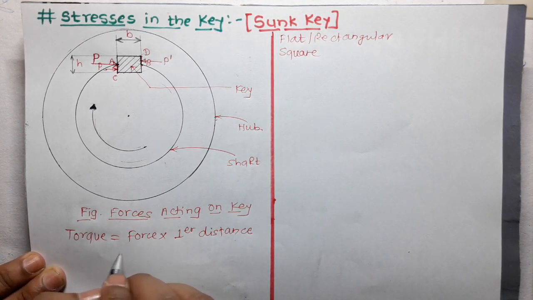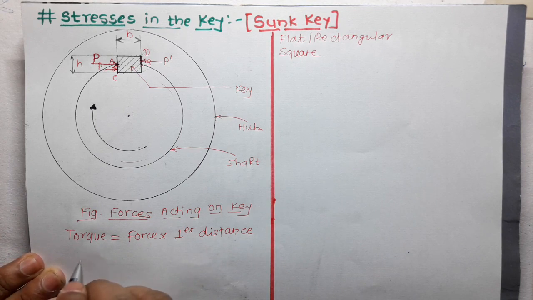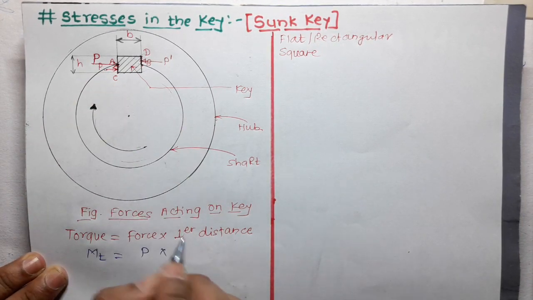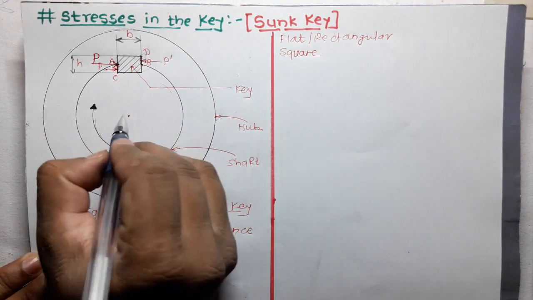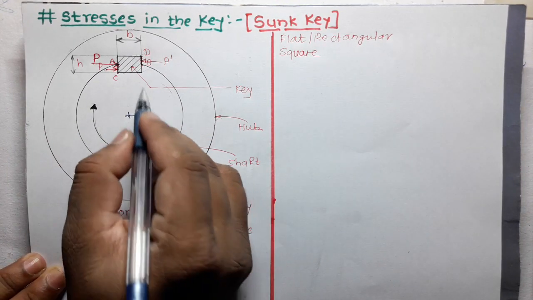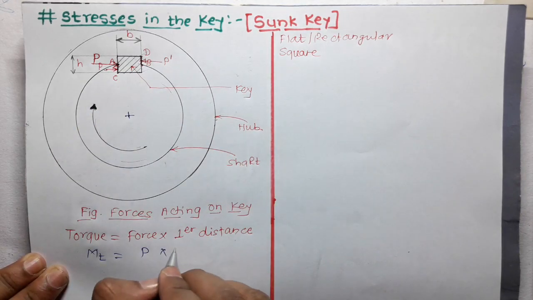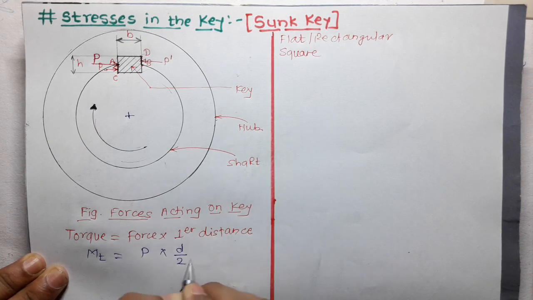Torque we denote by Mt. Then force, already denoted by P, into perpendicular distance, which is the distance from the center. If D is the diameter of the shaft, then the perpendicular distance will be D by 2, the radius.